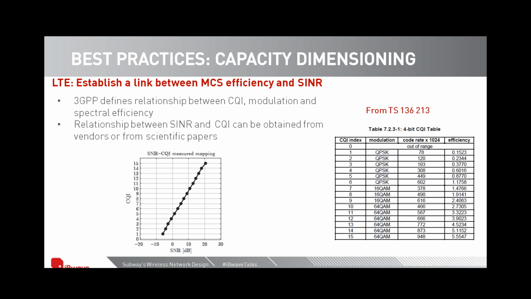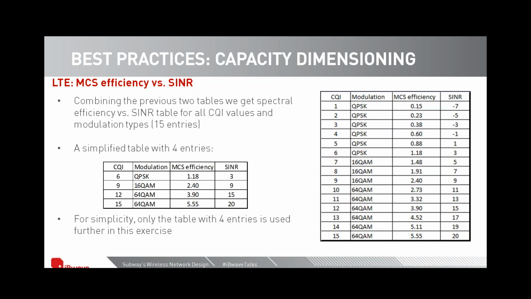When we combine those two tables, we get the table to the right, with CQI, modulation, MCS efficiency, and SINR. This table has 15 entries. It is quite busy, and we have simplified it for the sake of providing a clear example.